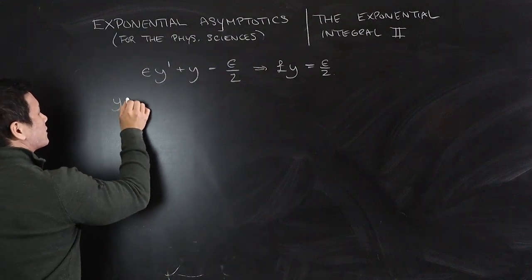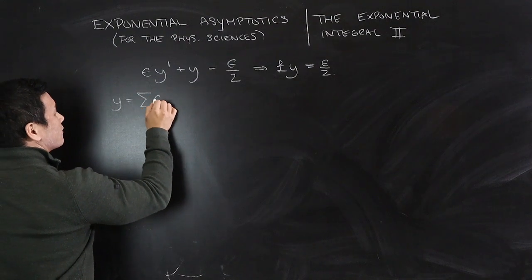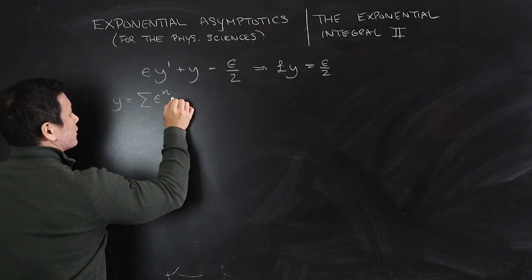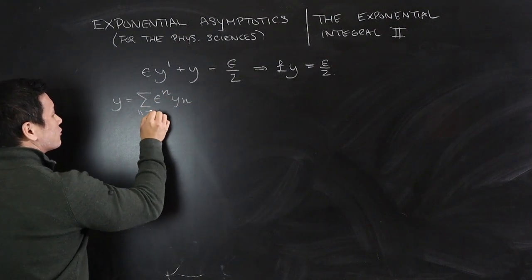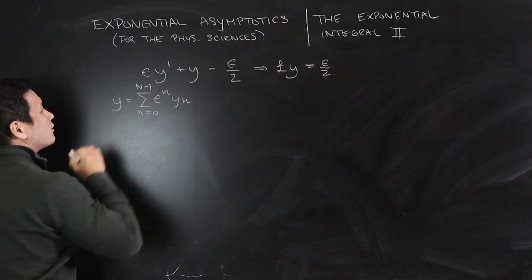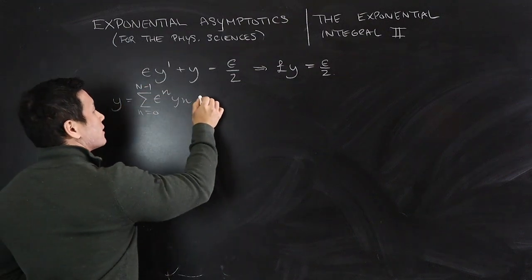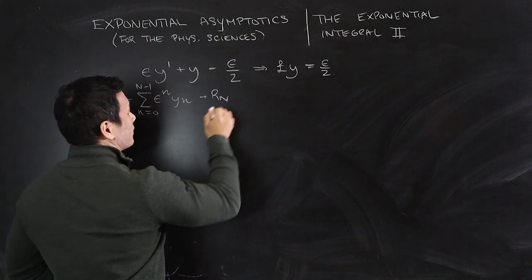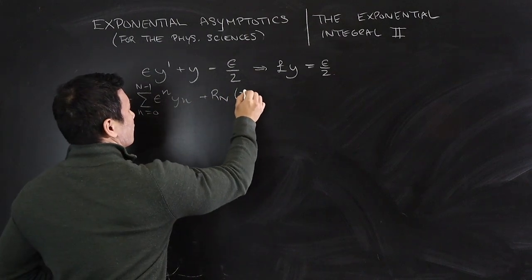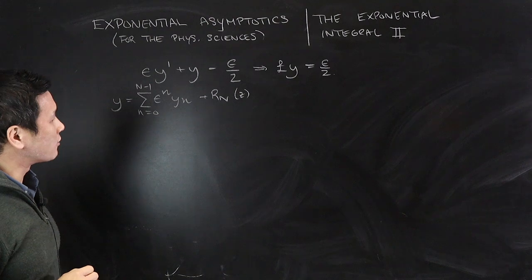So then you expand your solution into the usual series. You're going to truncate it at a point capital N that you're going to choose in a minute, and then write down a remainder. So you want to get the equation for that remainder.